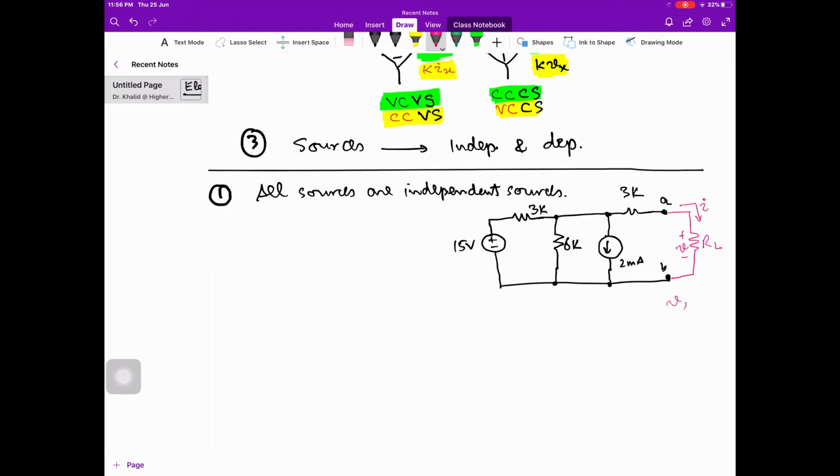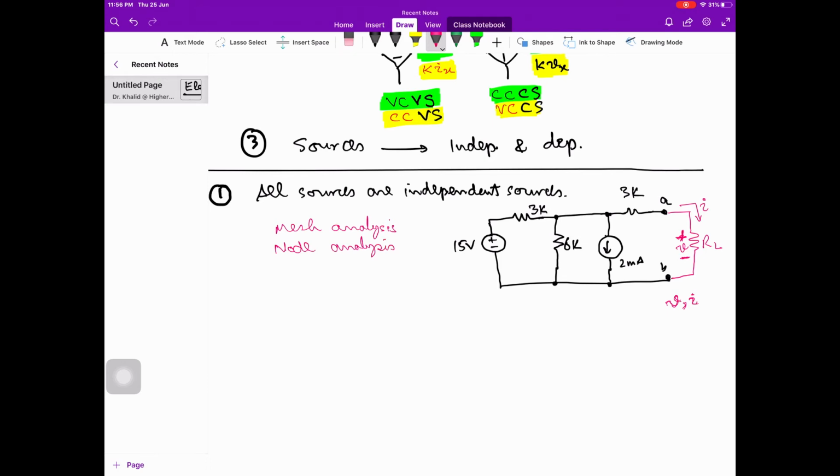Knowing the voltage and current, we can determine the power and energy and other related things in this load. So voltage and current are sufficient to determine the power and energy, etc. We can find this load voltage and load current using mesh analysis or using node analysis.